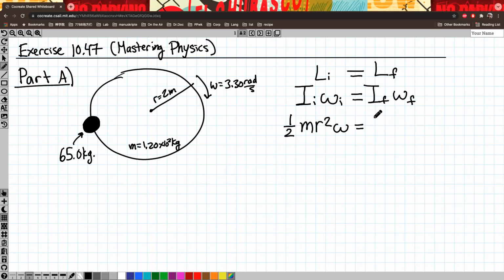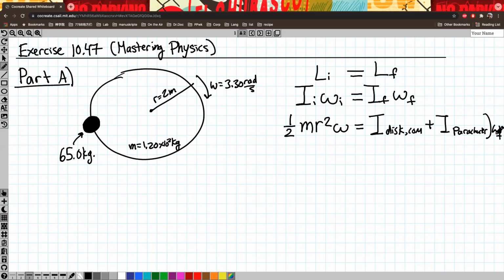Okay, let me write this out. I disk around the center of the mass plus I parachuter. So it's just the mass of the disc for the inertia of the disc.